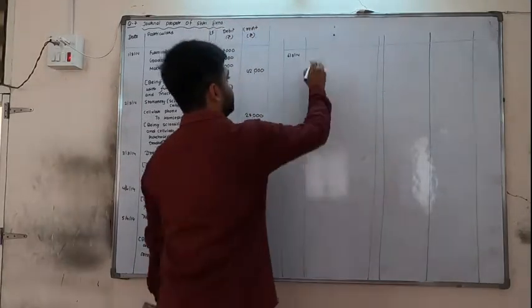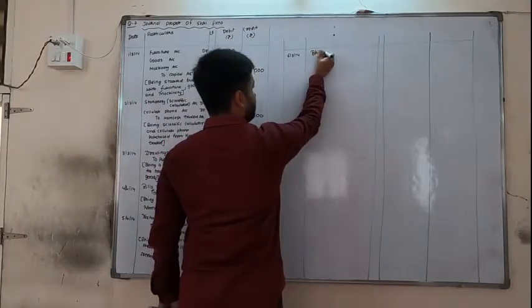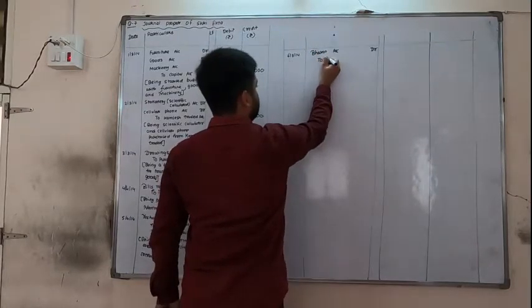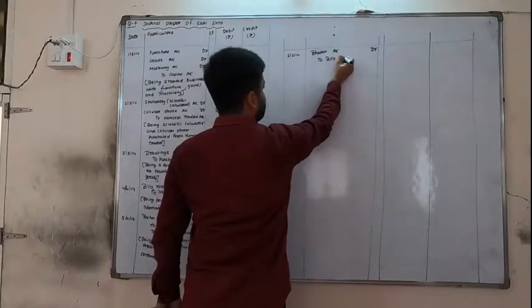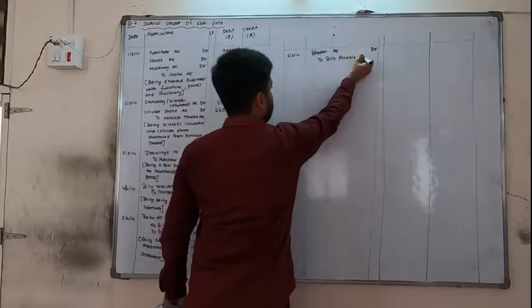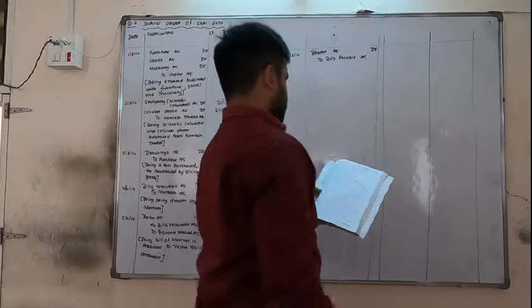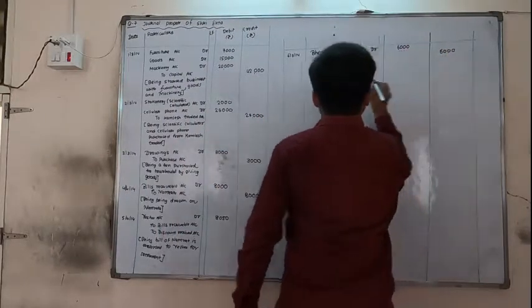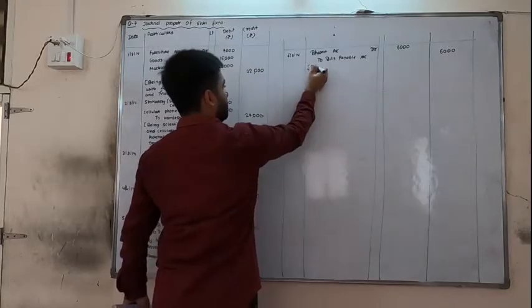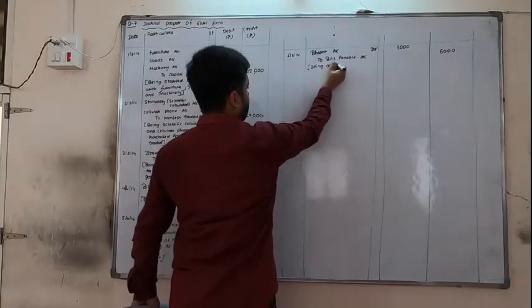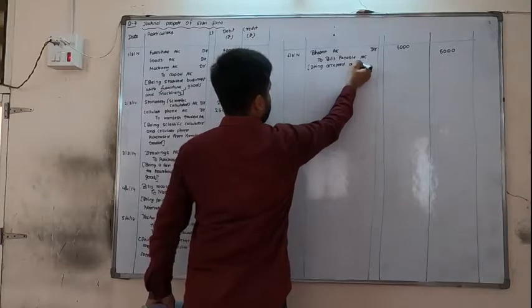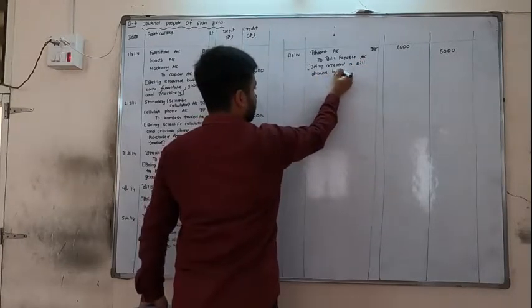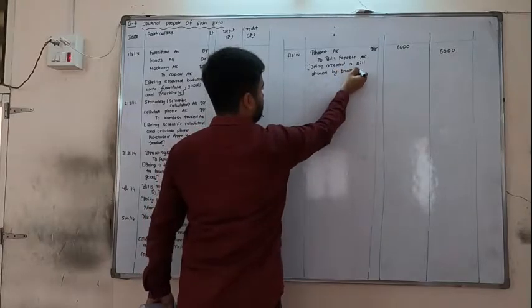So Bharat account debit to bills payable account, amount 6,000. Being accepted a bill drawn by Bharat.